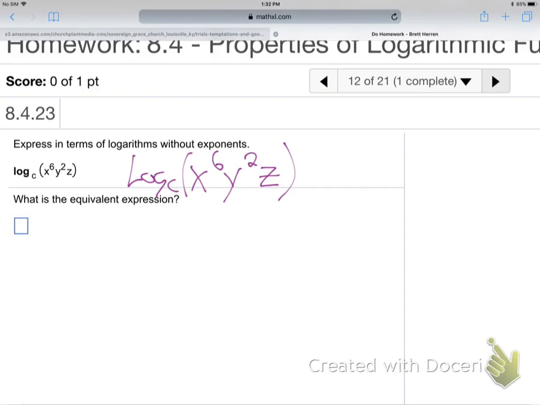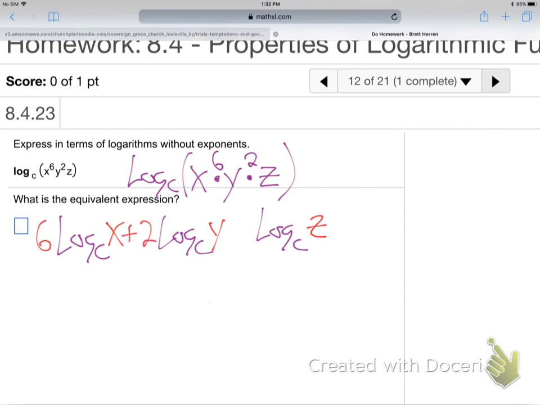So instead of having 2 things multiplied, x and y, I have 3 things multiplied, x, y, and z. So I'm going to have 3 logs, and they're all going to have the same base. Remember, the base never changes. Log base c, log base c, log base c. The base is permanently glued to the log word. And then we're going to have an x and a y and a z. Where are the powers going to go? They're going to go to the front of their individual log. And these will be added logs. There we go.